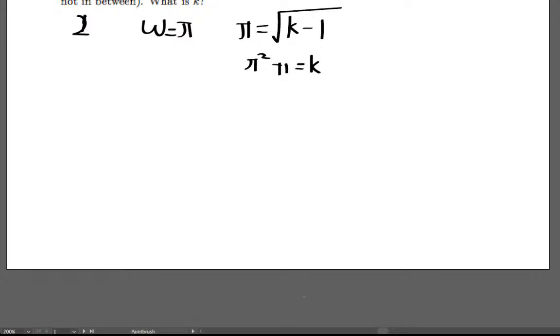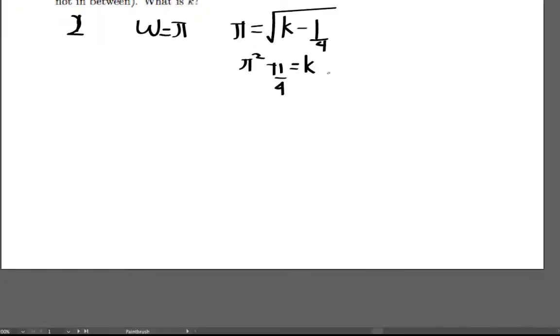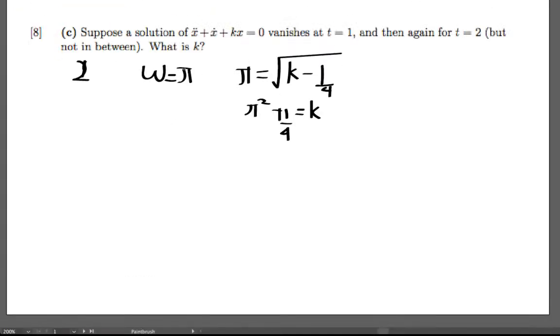So therefore, it's b over 2m, so that would be a quarter. Therefore, this would be pi squared plus a quarter, and that's your k. Okay, so I've studied that it's actually b over 2m instead of b over m. I'm so sorry.